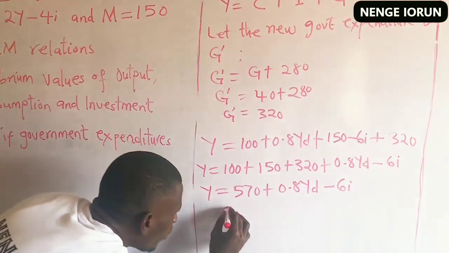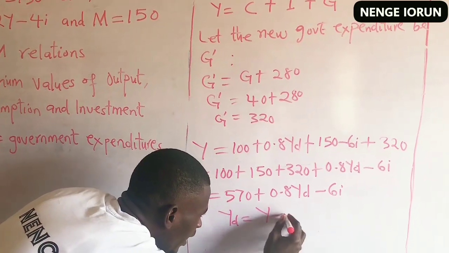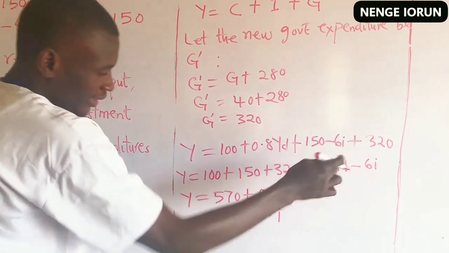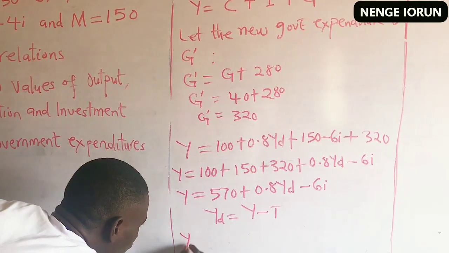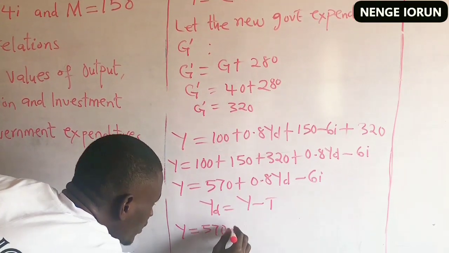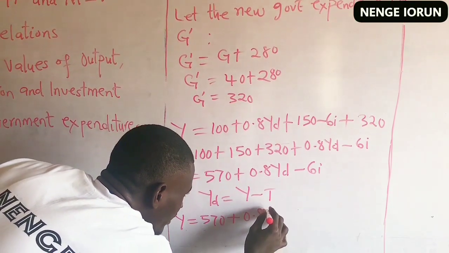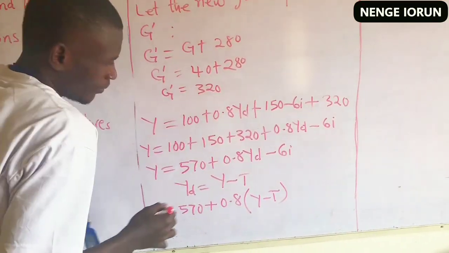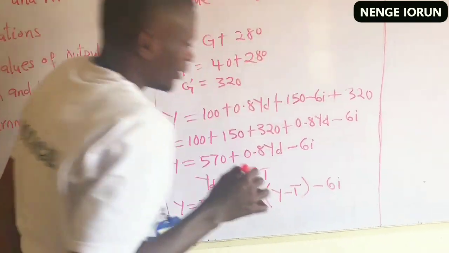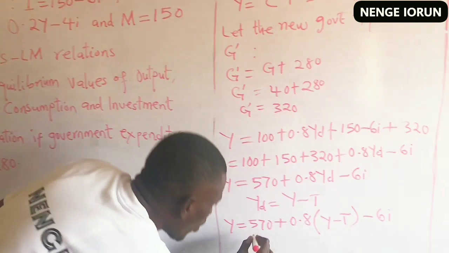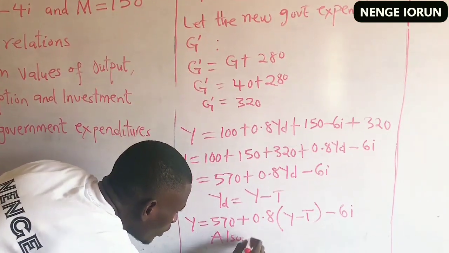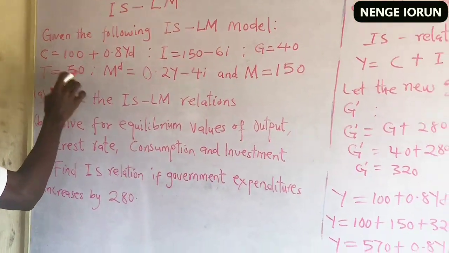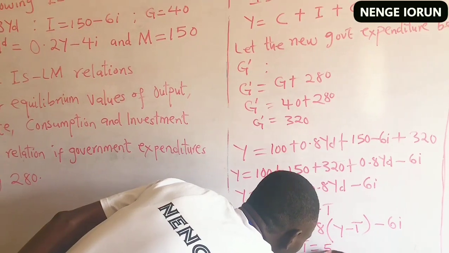Recall, YD is equal to Y minus T. That is, disposable income is equal to output minus taxes. So you will have Y is equal to 570 plus 0.8, and in place of YD, you will now put Y minus T. Then minus 6i. Also, look at the value for T. T is equal to 50.